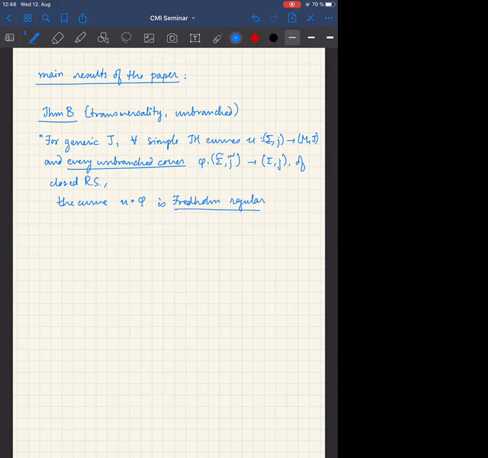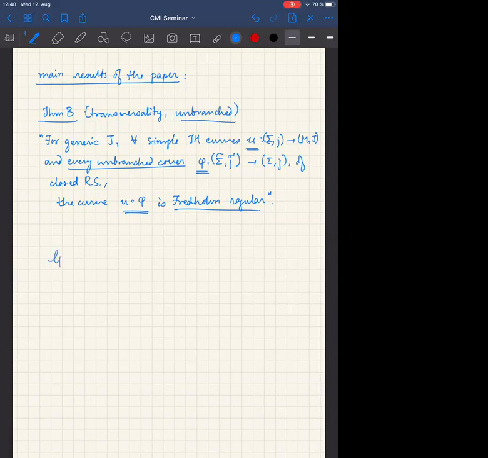This technically means that the linearized Cauchy-Riemann operator for this covered curve is surjective, but it also means that it lies in a smooth manifold. What I mean to say is that if you were to look at the space of all holomorphic curves that were covers of this fixed holomorphic curve u, then that would also be a smooth manifold. So this was for the unbranched case.